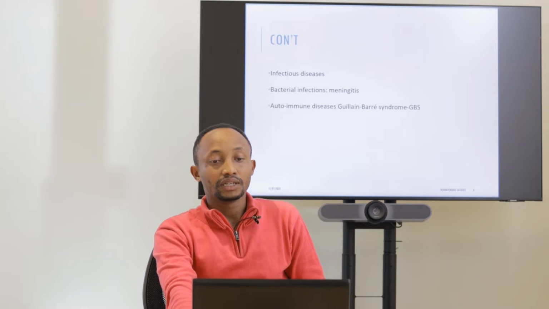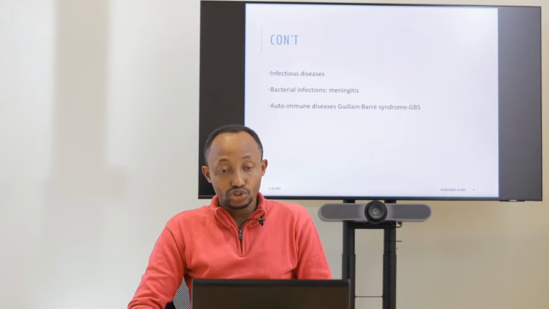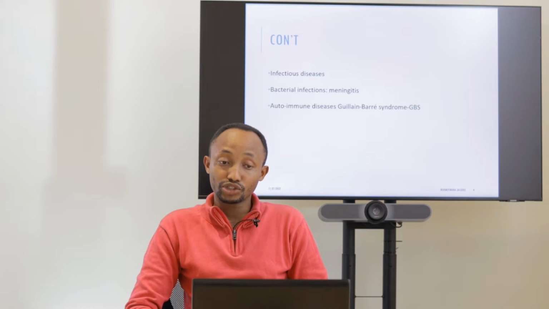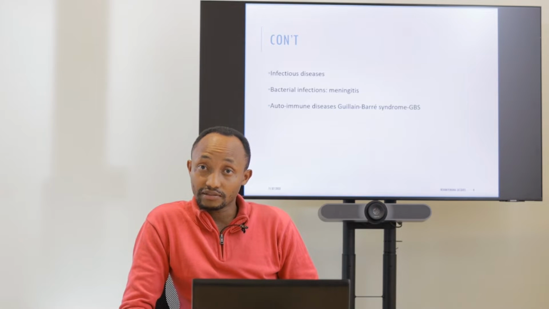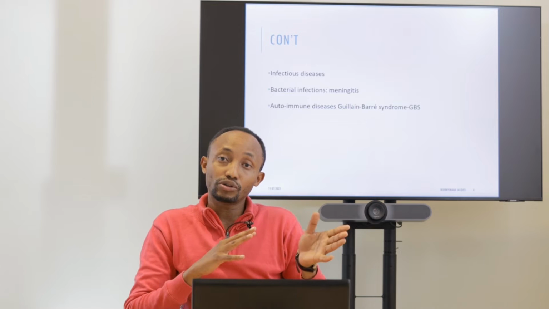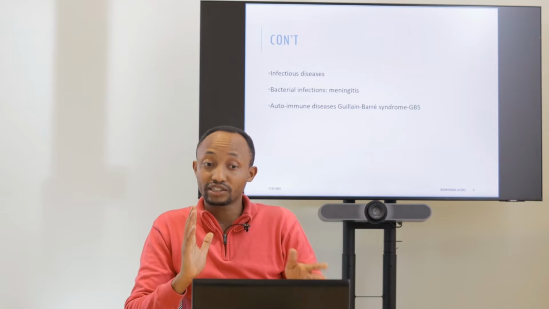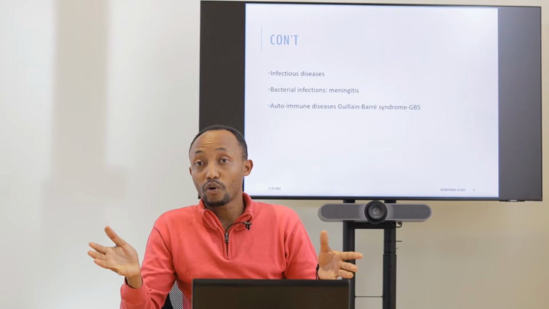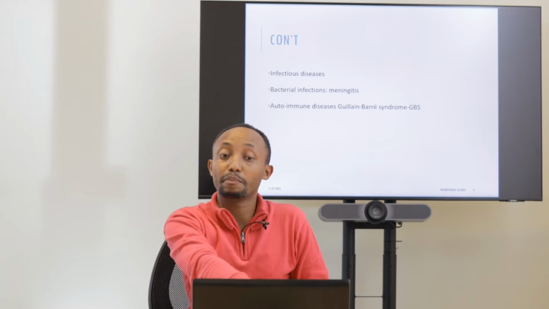So, apart from that, a pathology can occur in terms of malformation. It can also be as a result of an infectious disease. Infectious diseases can either be bacterial or viral. In this case, we just give an example of a bacterial infection, which is very common, meningitis. Meningitis, by the term, there's meninges.